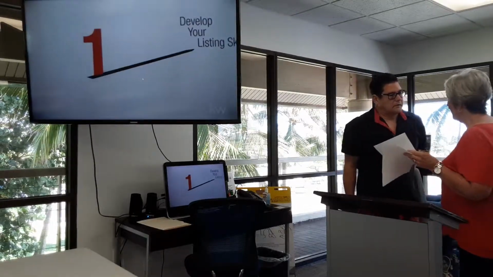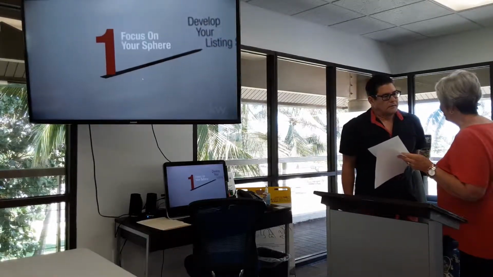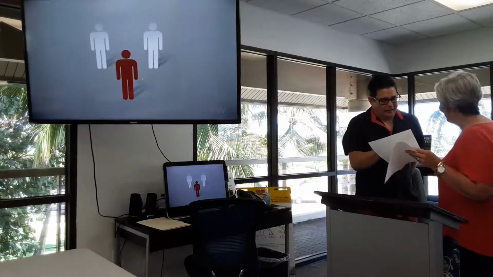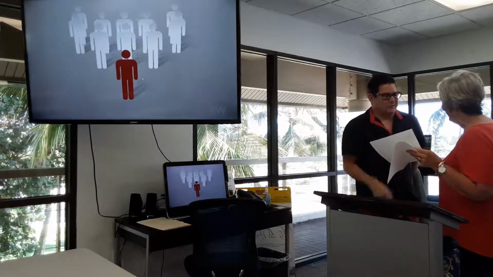Hi, my name is Gene Rivers, and I'm here today to tell you how to develop your listing skills to a very high level. And after you've done that, you'll be able to go in and take over market share. Number one, the best source for listing leads is from your sphere of past clients, the people you know who are going to be moving, whether it's at church, school, work, friends, relatives.